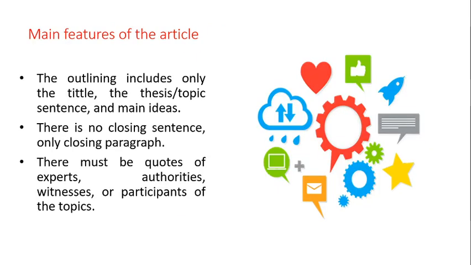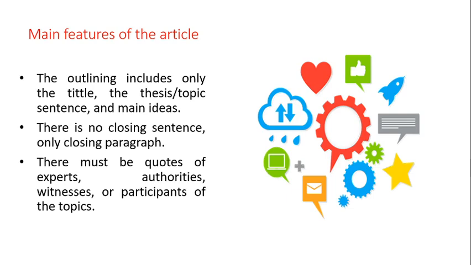The main features of the article are the ones that we have to take into account when we write it. For example, in the outlining, we make only the title, the thesis sentence or topic sentence, and the main ideas. The main ideas will depend on how long you want your article to be. You have to take into consideration that there is a specific length that an article has.